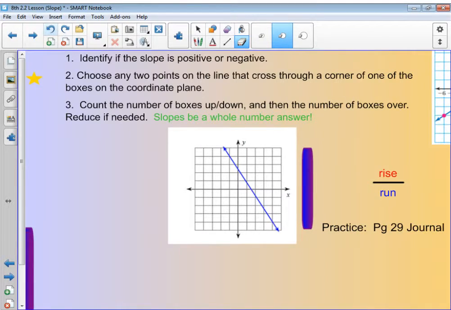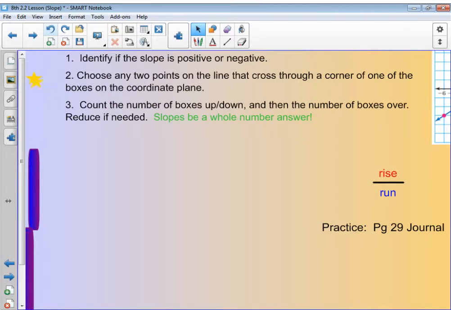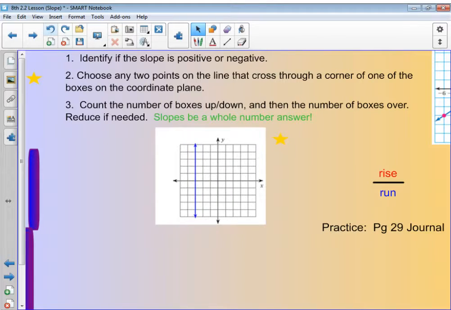Okay, there's a couple special lines that sometimes show up where they may ask you the type of line. This would be one example where you've got a line that's going perfectly vertical. There is no slope to that. There's a rise, but there is no run. So when you come across something like this, that is known as an undefined slope.